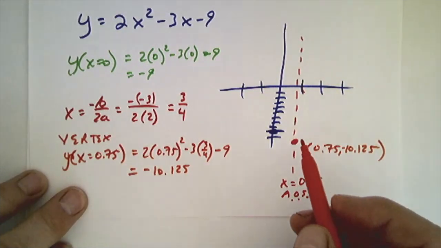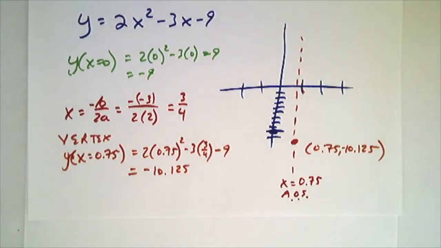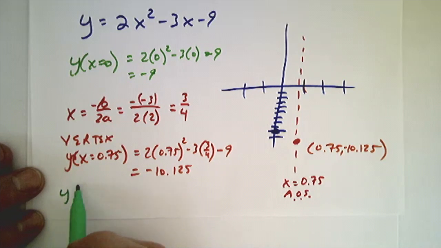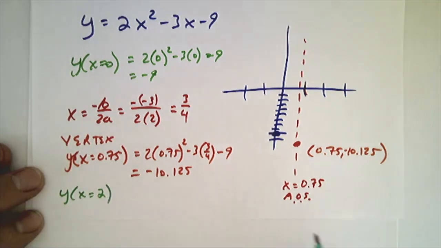That's the vertex. Now, one more point, a valuable point. What are the zeros of that function? Or can we find it? So picking a point, let's pick the value 2 and see what we get and then graph that. y when x equals 2.